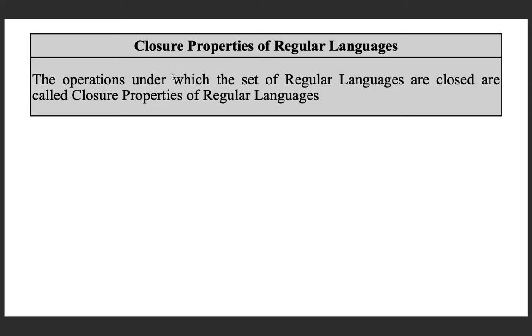The operations under which the set of all regular languages is closed are called closure properties of regular languages. That is, if you perform a set operation on regular languages and you always get a regular language, then that operation is a closed operation.